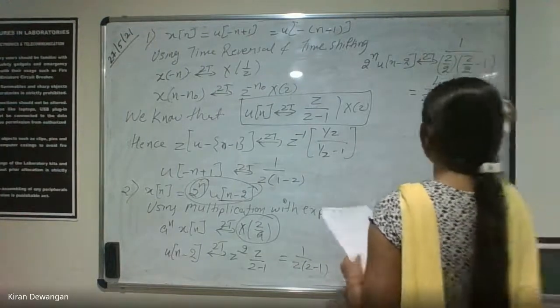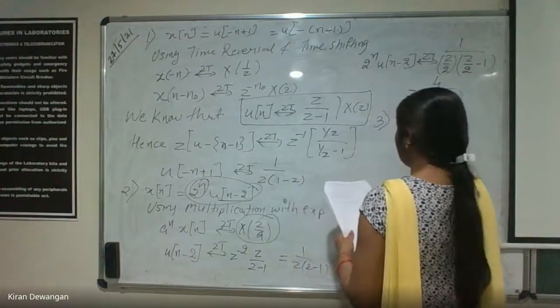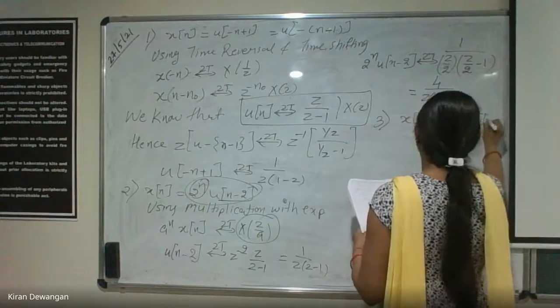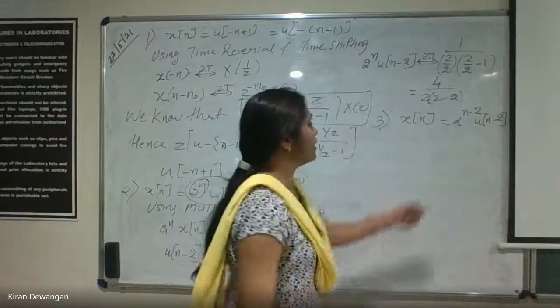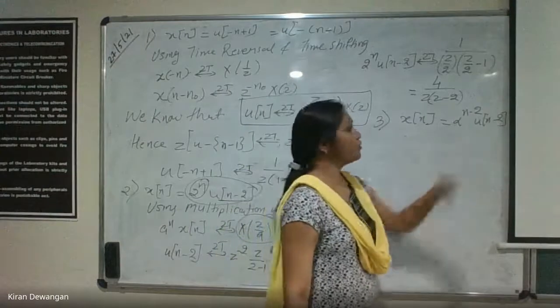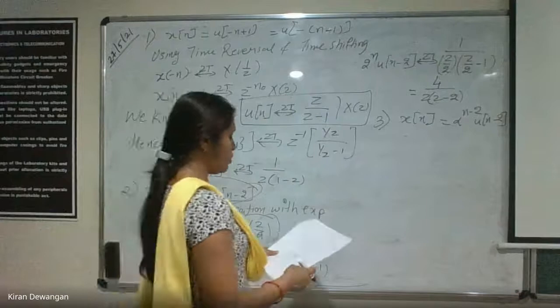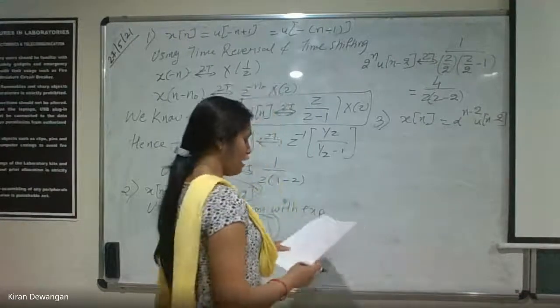Now let us go to the third one. If x of n is alpha to the power n minus 2 u of n minus 2, here both are n minus 2. Again we will make use of the time shifting property and alpha also.